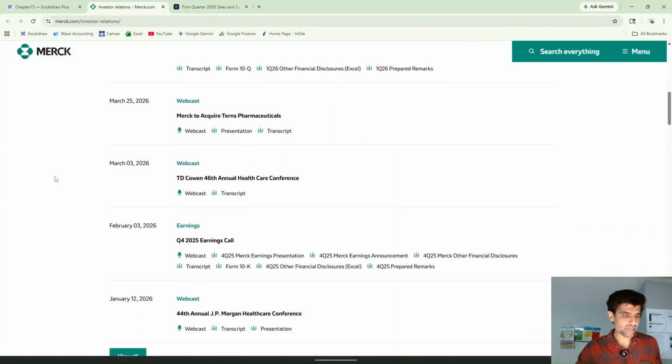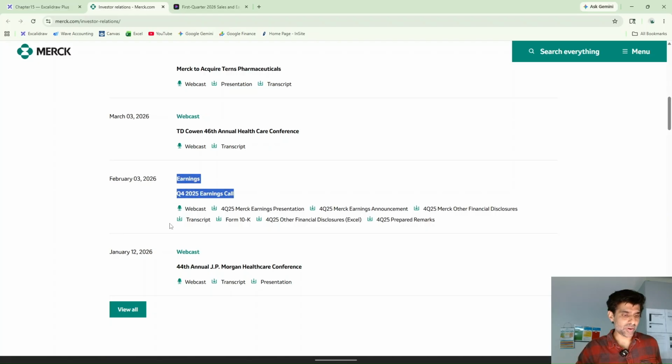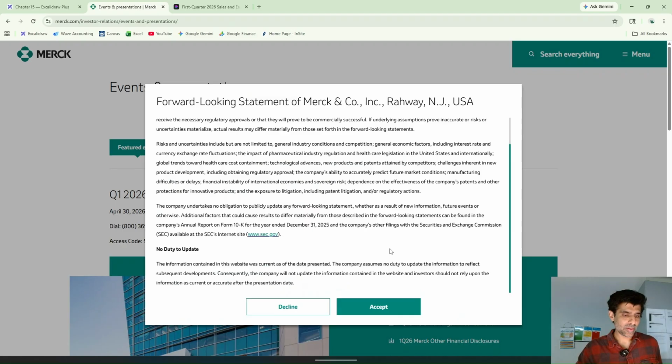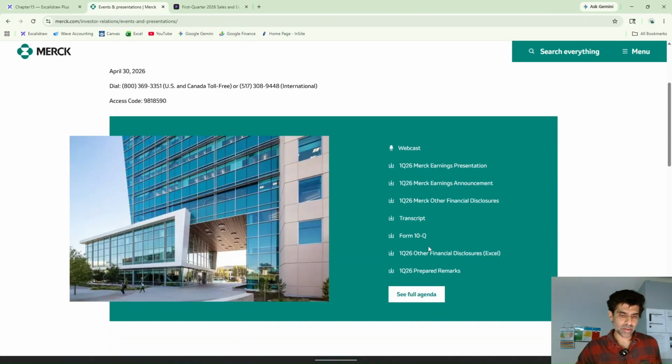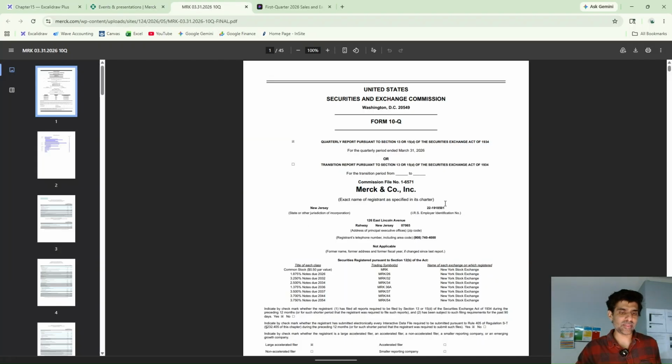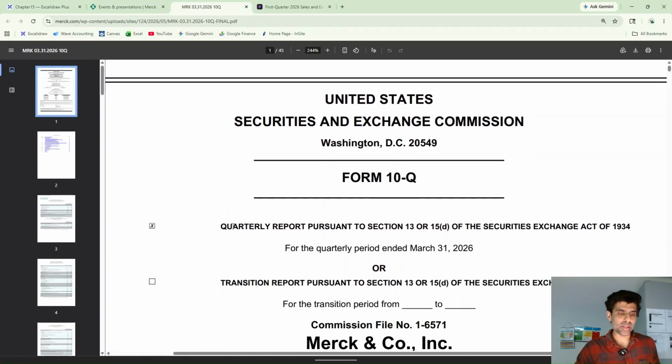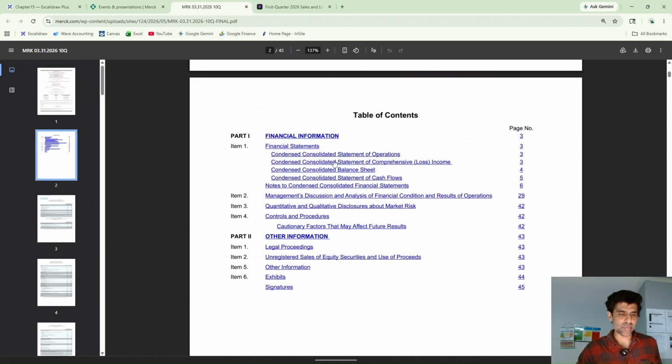So you can see their earnings call. They have some presentations here, and then their Form 10Q. They're going to have their most recent filing. If we click on this, you can see this is Form 10Q, and it's their quarterly report. It's going to have financial statements.